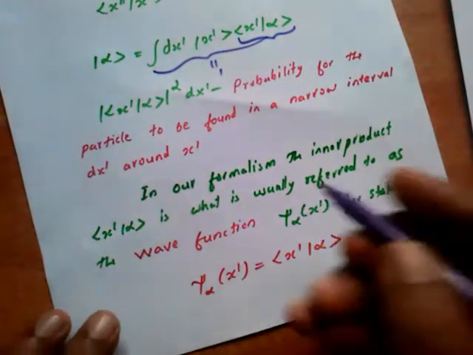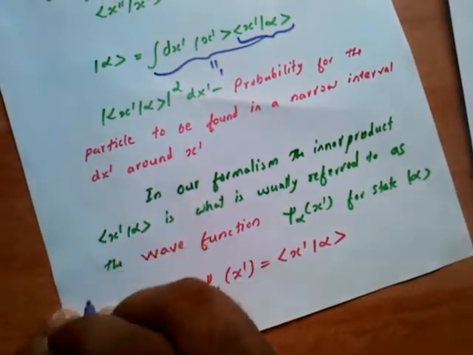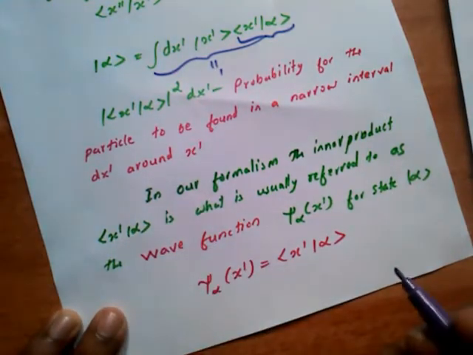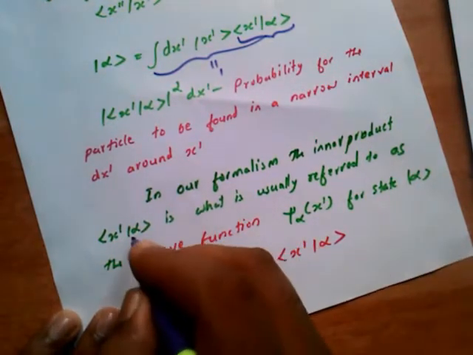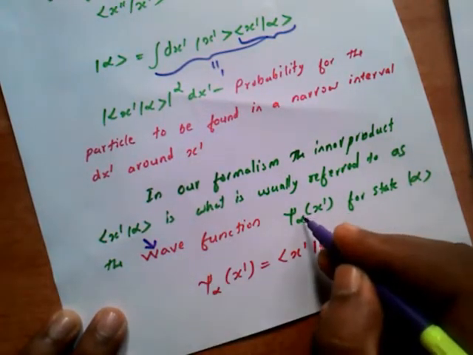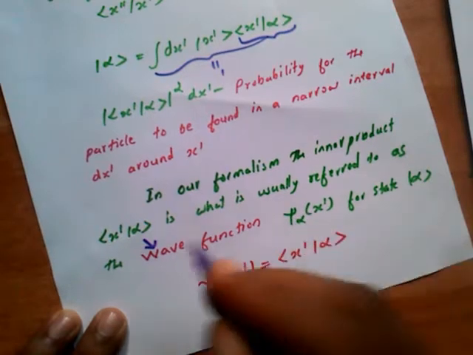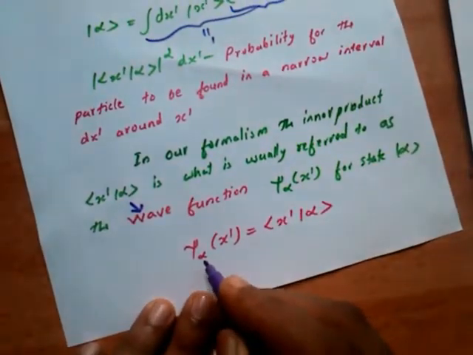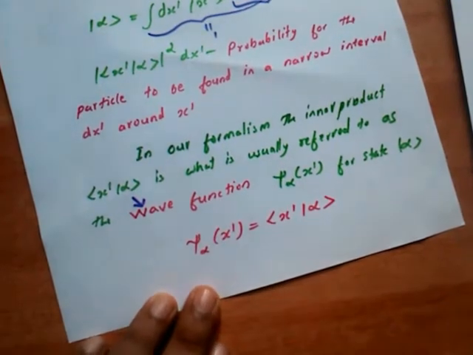The term inner product x dash alpha we can call the wave function, and we are representing x dash alpha as psi alpha of x dash.